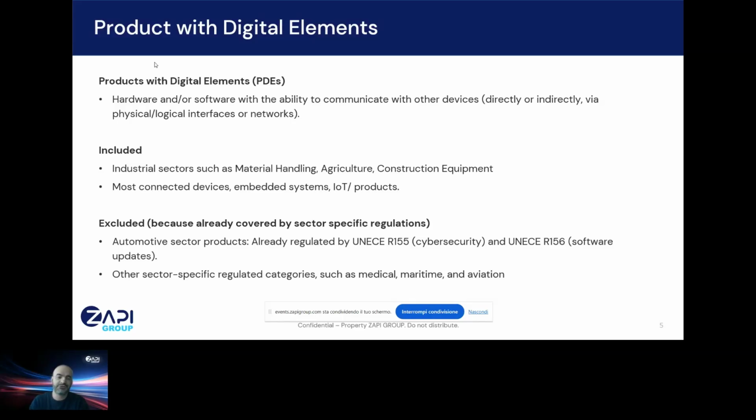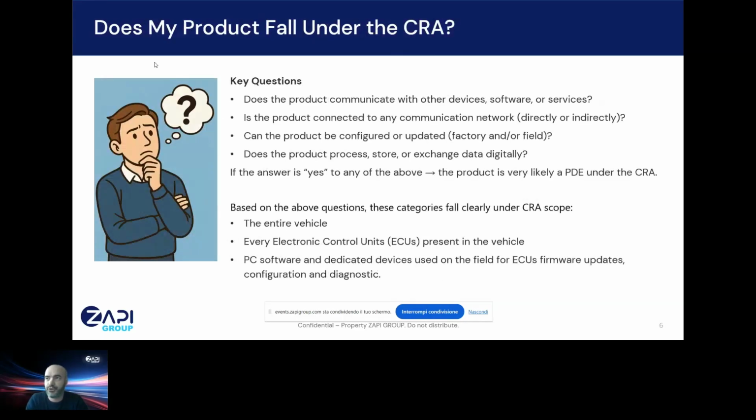So just to understand why the product that belong to industrial sector need to be included in the CRA. The reason is quite simple. Typically, the devices that are using into the sector need to communicate with other ones, just for example, to move a specific vehicle, need to be configured, need to be updated for the software.